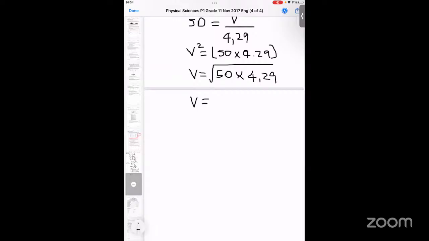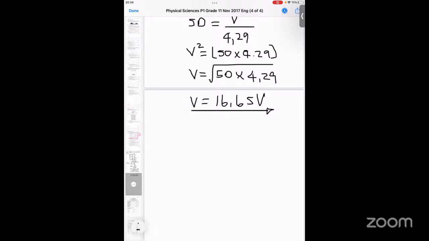It is the square root of 50 that you multiply by 4.29, and then you're getting 16.65. So you have 16.65. That's if you round it off to 2 decimal places, and this is how you work it out.